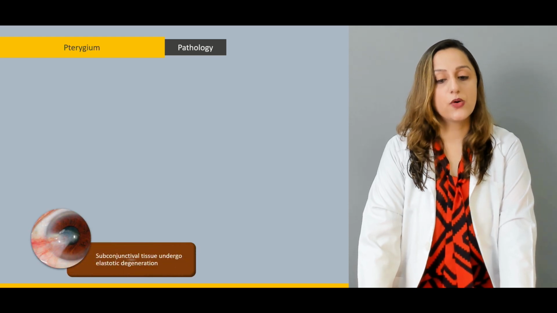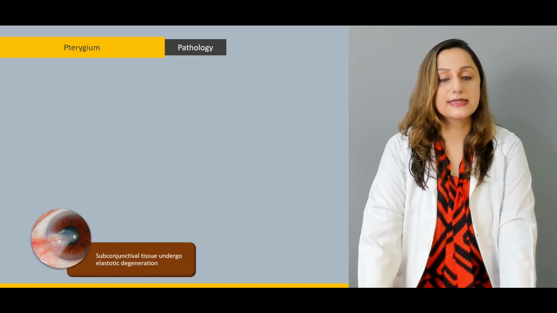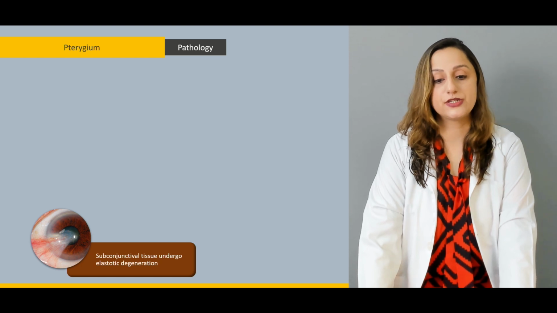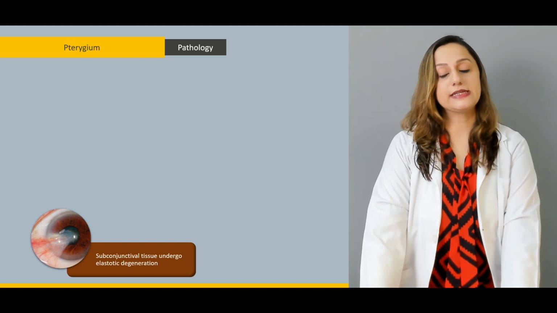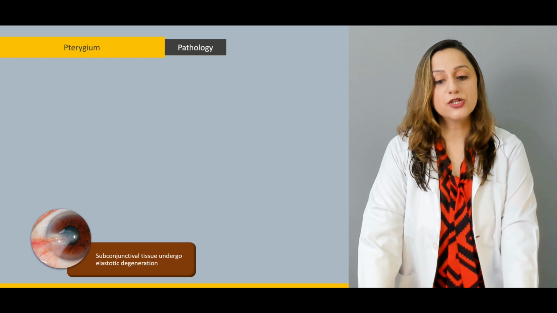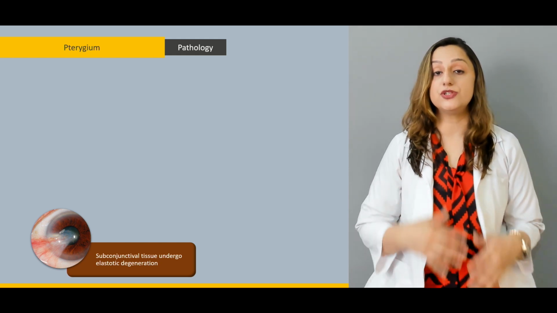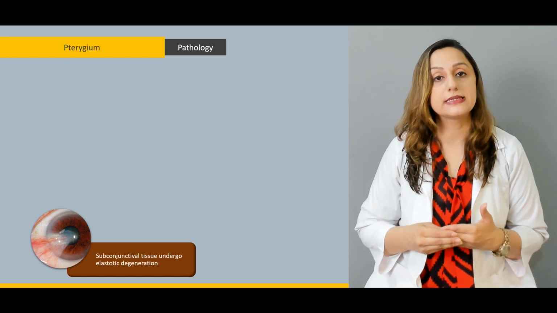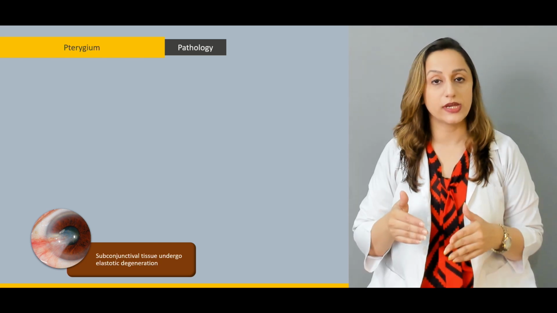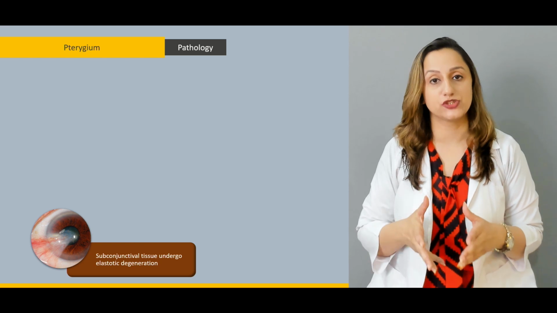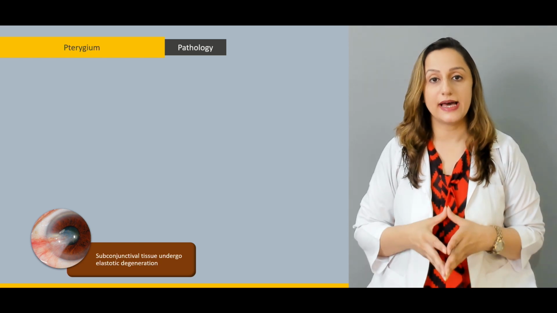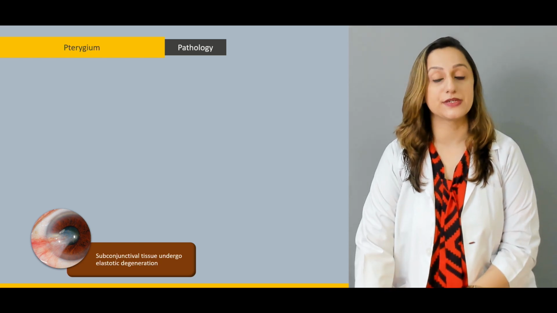The pathological processes, step by step, consist of the subconjunctival tissue undergoing elastotic degeneration. So it's basically degenerative processes that are taking place at the epithelium, or at the substantia propria, as well as at the level of the basement membrane.